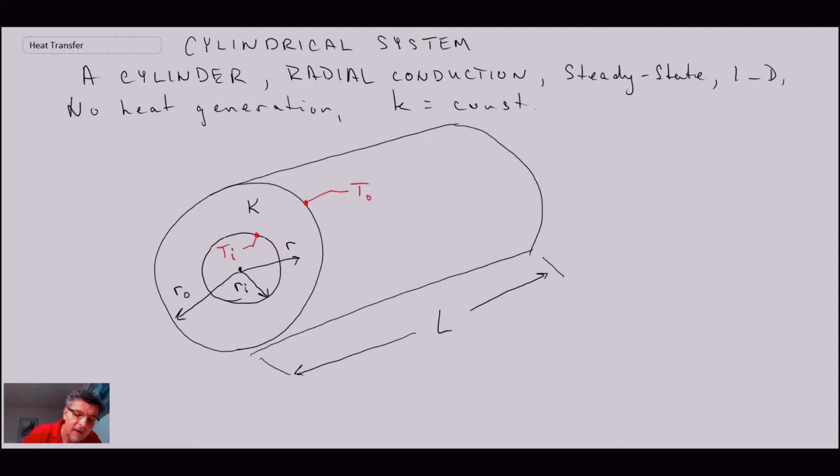We have some object and we're trying to determine the temperature at radial location R. The internal radius is Ri, the outer radius is R naught, so there's R naught and there's Ri.